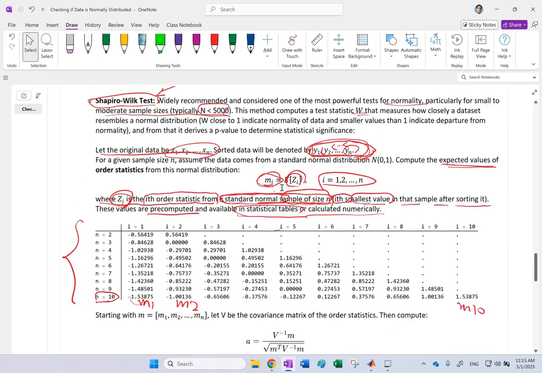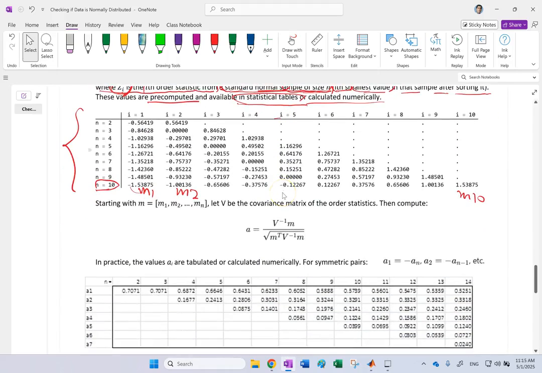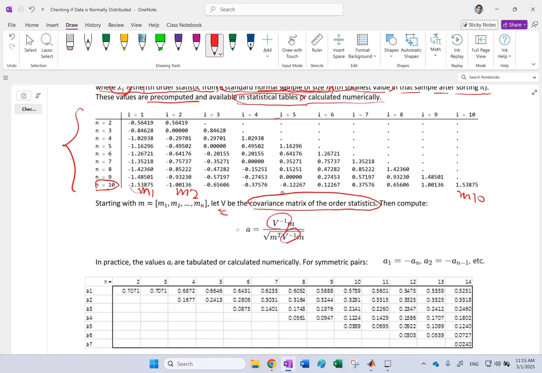Now that you got the M's, you need to calculate two things. One is V, the other one is the A's. The V here is the covariance matrix from these M's. Okay, so if you calculate the covariance matrix from these M values, that is your V, and you use the inverse of it.